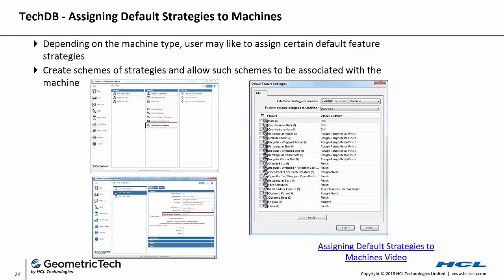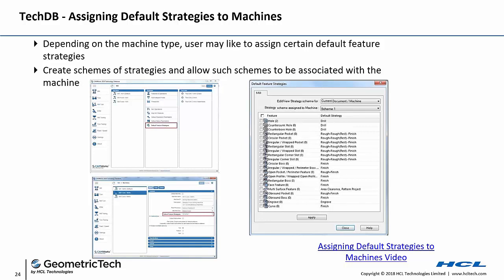So this allows you to have a default set of strategies that are assigned to each machine. This is just further enhancing the automation process. You can have a default set of tools, and now you can have a default set of strategies assigned to each machine. Great new enhancement.